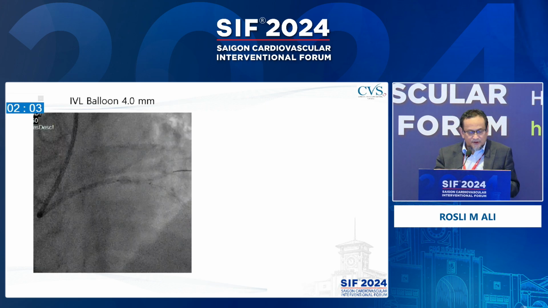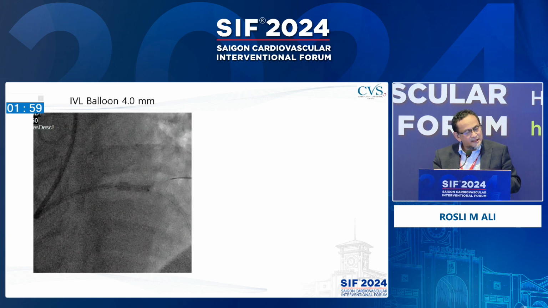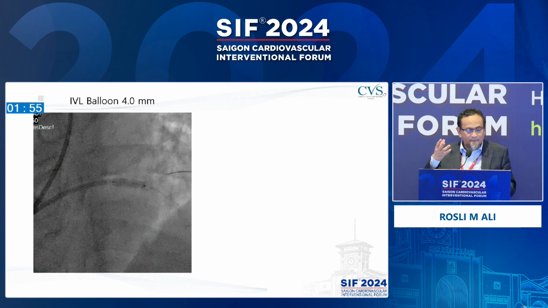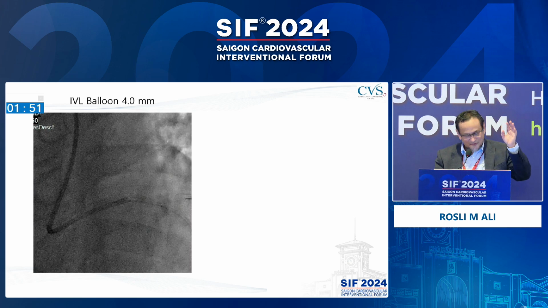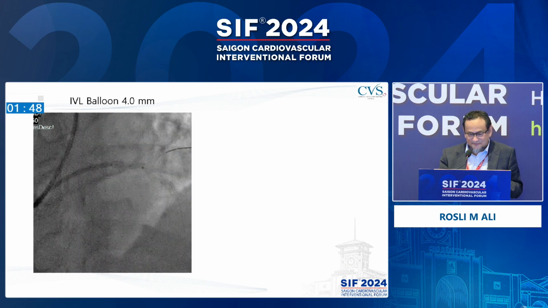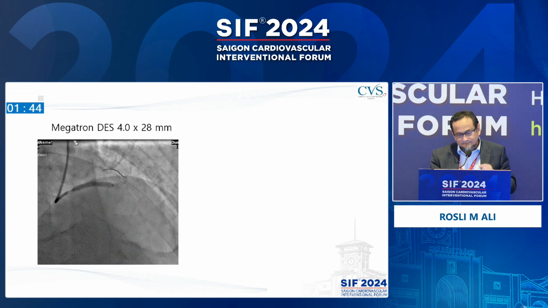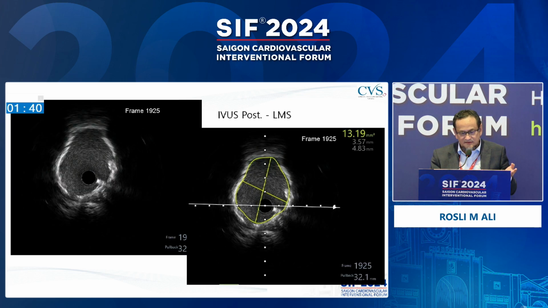This was quite easy to cross because it was not very severe. We inflated to about 4 atmospheres and gave pulses, and you can see over time the vessel actually gave way. Since it's very expensive, we try to finish all the pulses for this patient. That's where you can see the cracks in the calcium. And that's after treatment with a stent, and that was the result after.